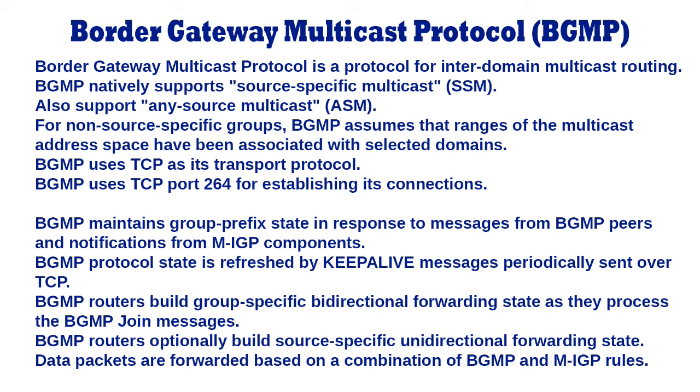If neither is found, then the packet is sent natively to the next hop EGP peer for G according to the multicast RIB. If a matching entry was found, the packet is forwarded to all other targets in the target list.